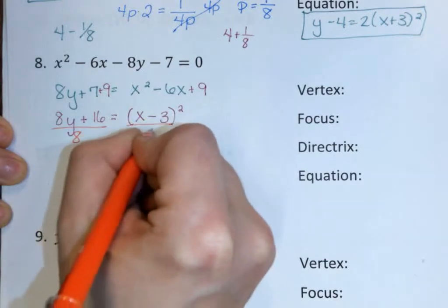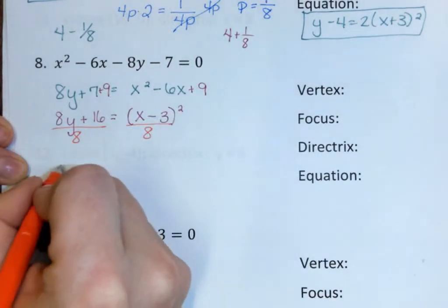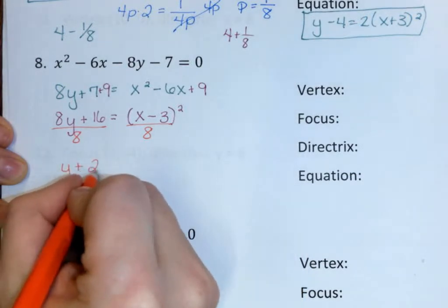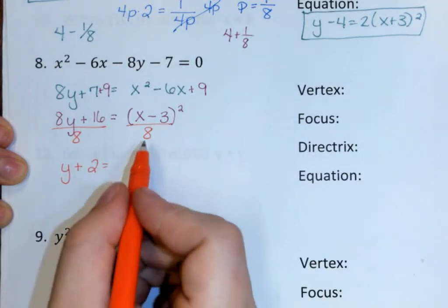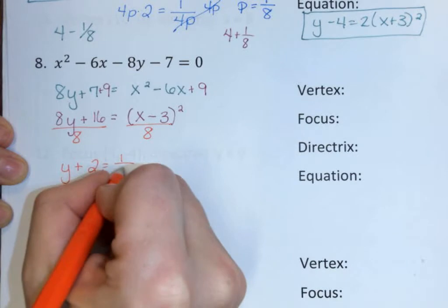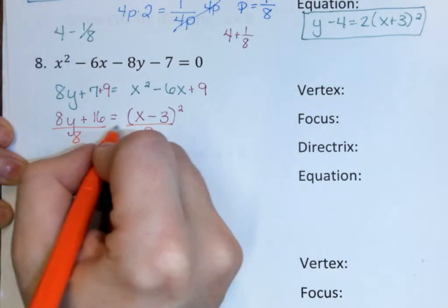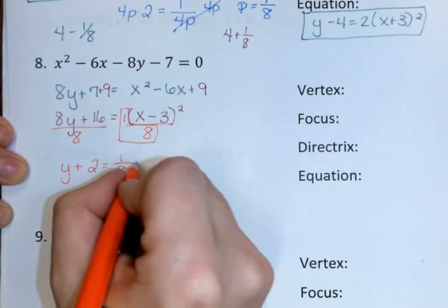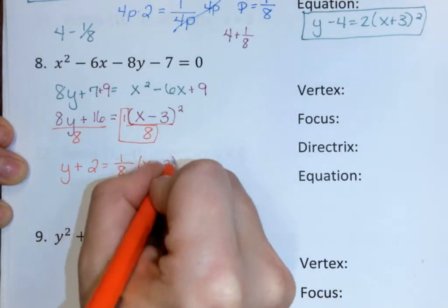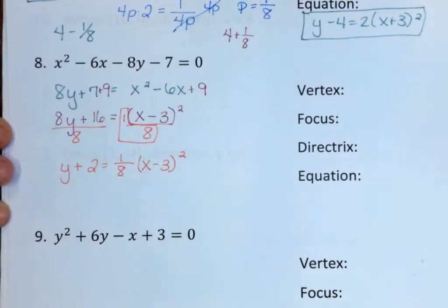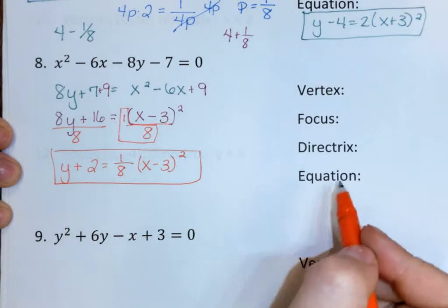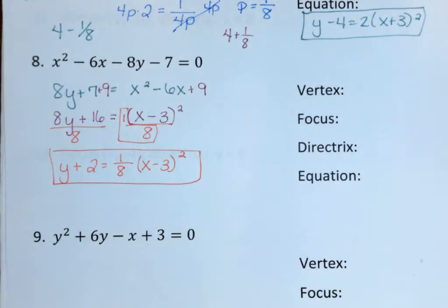Yay! Now the way that you're going to write this is y plus 2 is equal to 1/8, because you want to make that a multiplier. So that's 1/8 x minus 3 squared. And I want you guys to see if you can find all your bits and pieces.